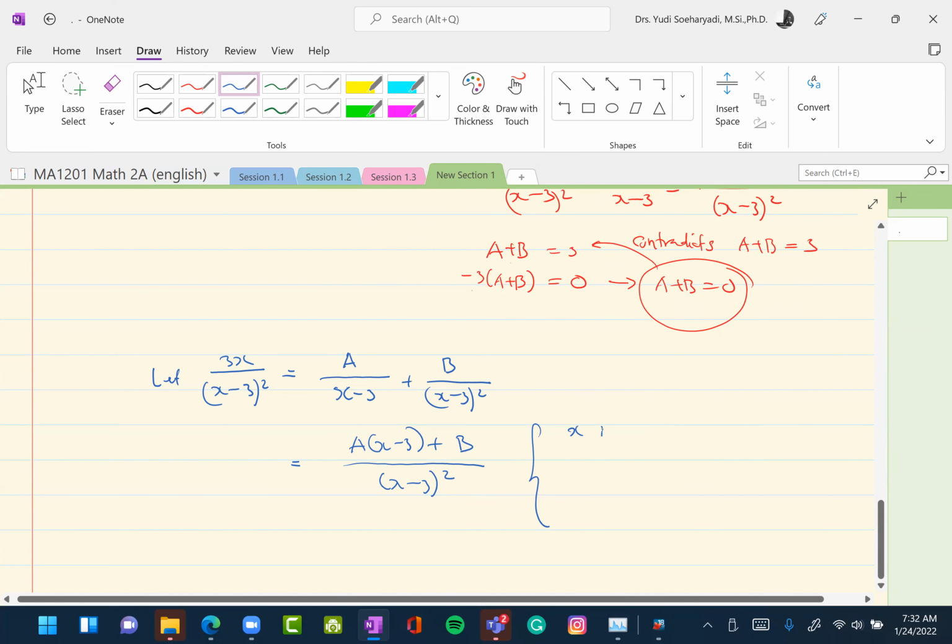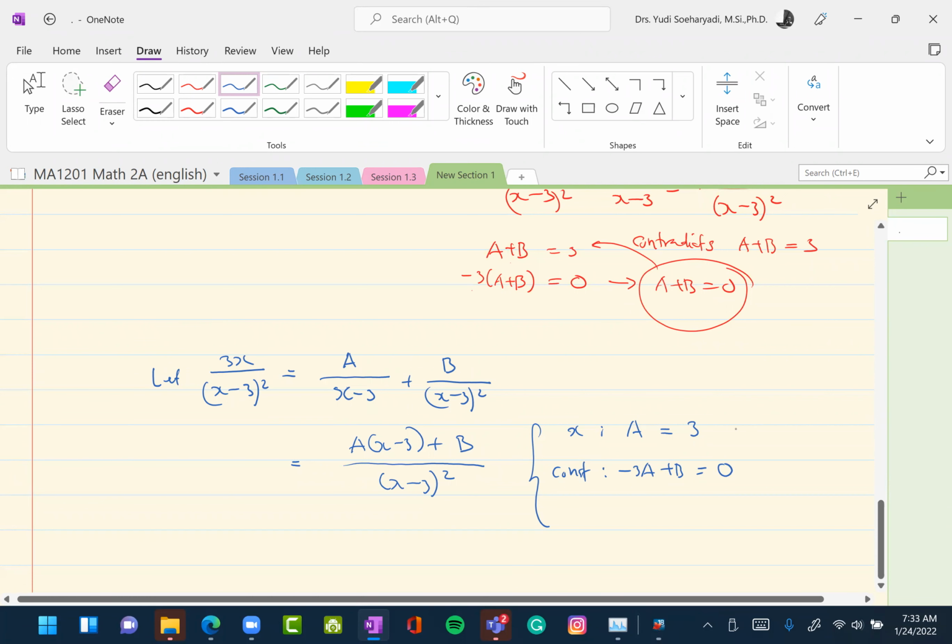For x, you get just a, and that should equal 3 on the left-hand side. And then the constant: minus 3a plus b should equal 0, because there's no constant here.